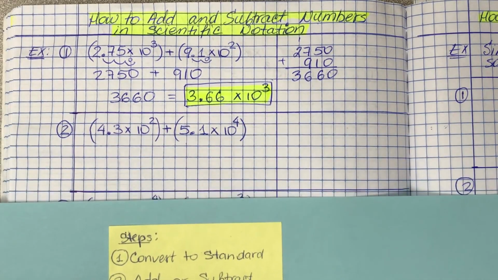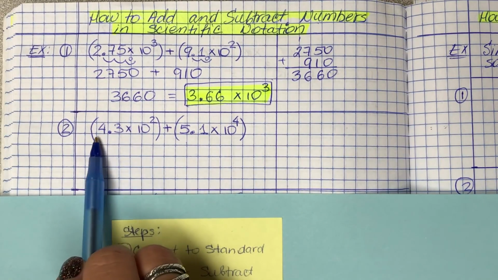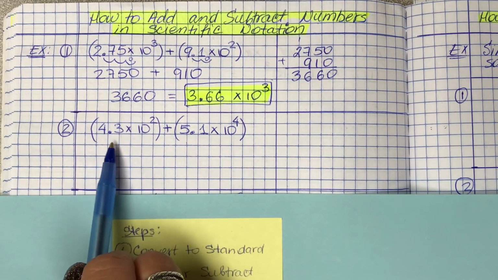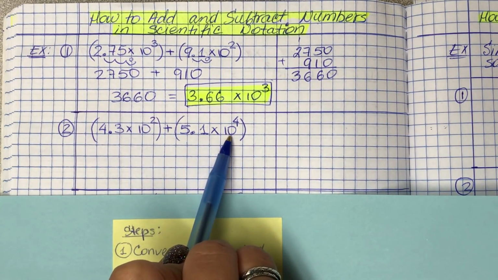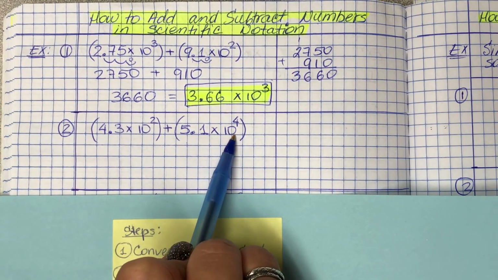Let's see another example. 4.3 times 10 to the second is 430, because 4 times 100 is 400, plus the 30. And then 5.1 times 10 to the fourth is by multiplying 5.1 times 10 times 10 times 10 times 10, 4 times.